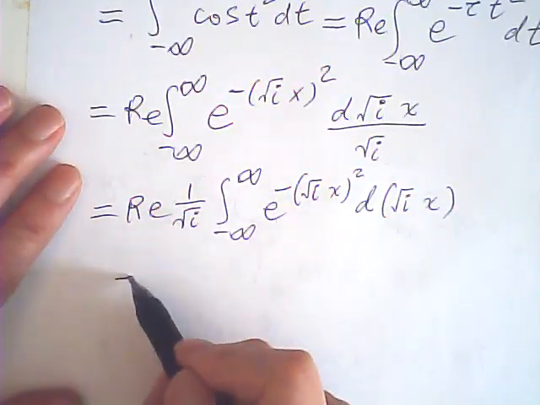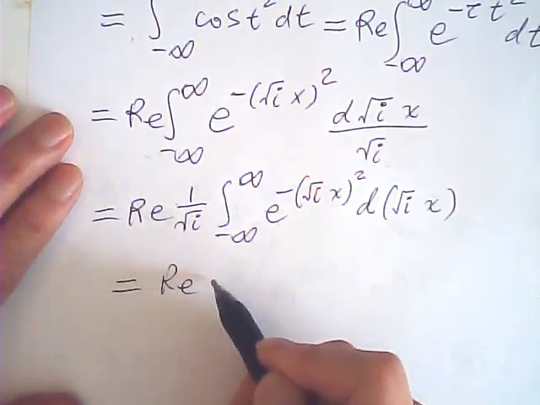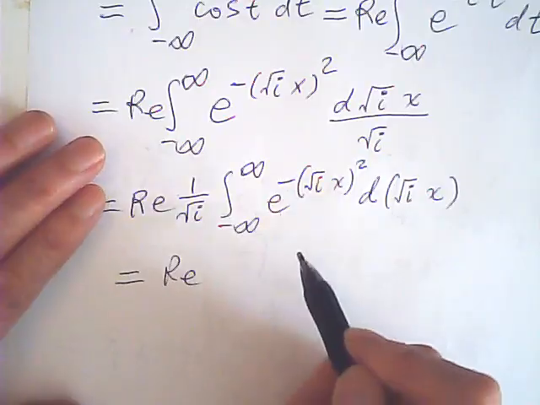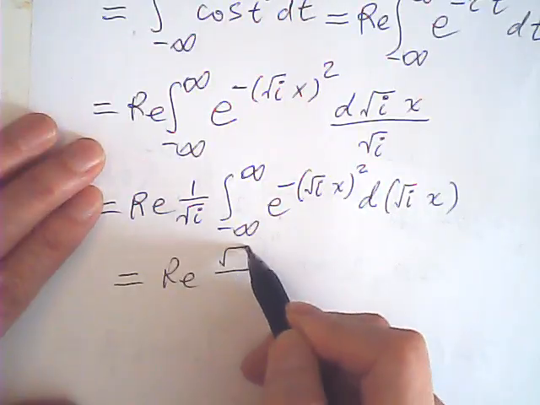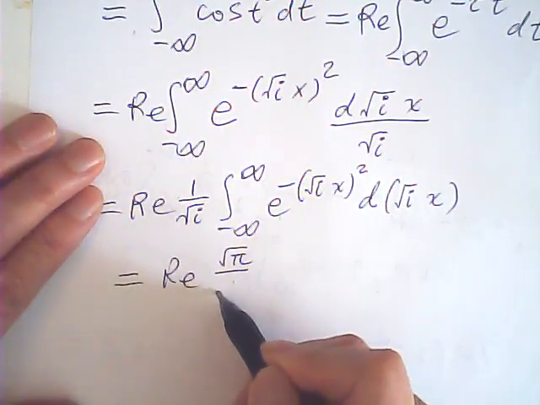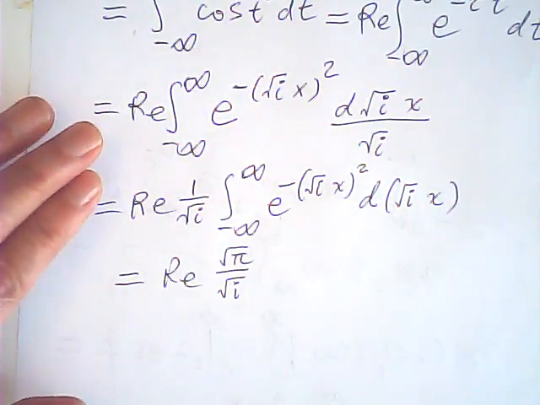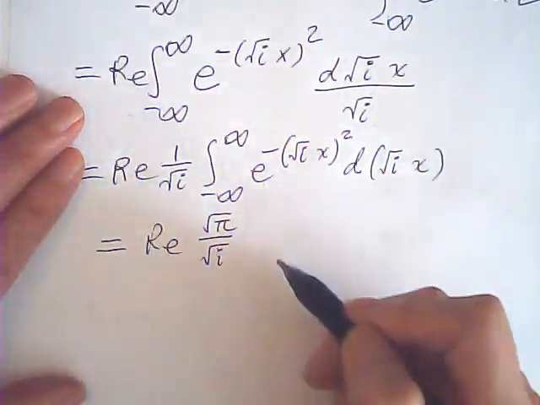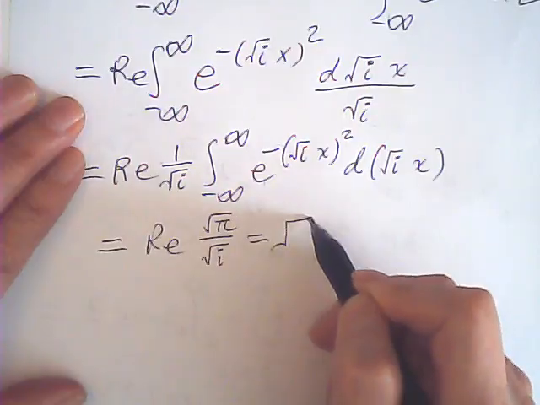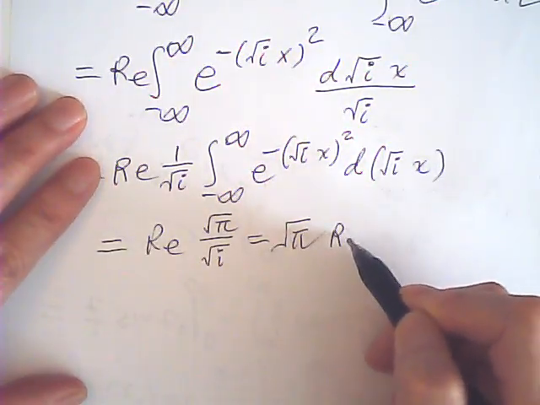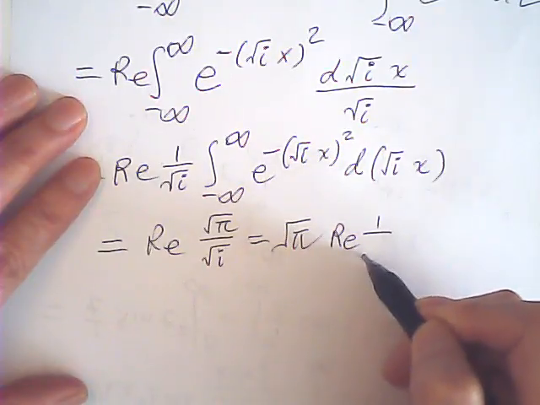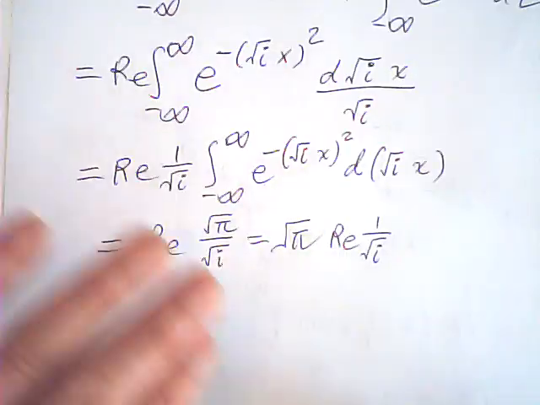So the whole thing becomes the real part of root pi over root i. So the root pi times the real part of 1 over root i. Okay.